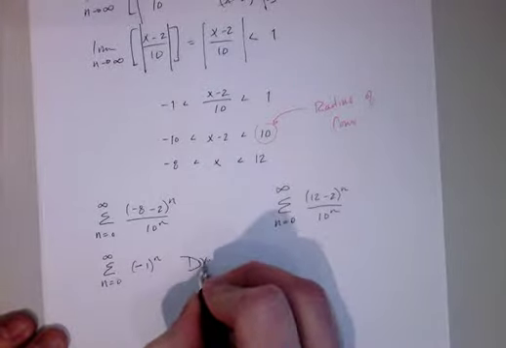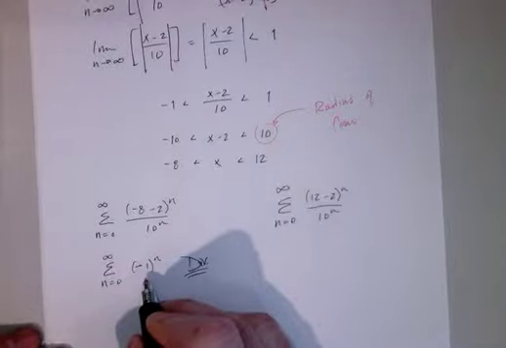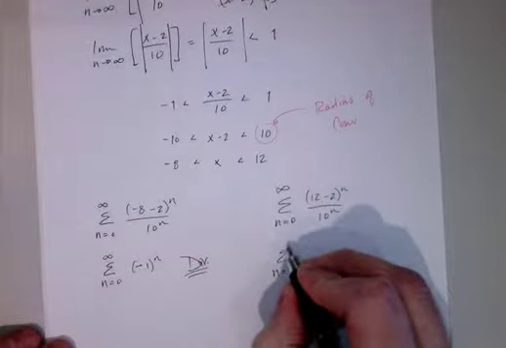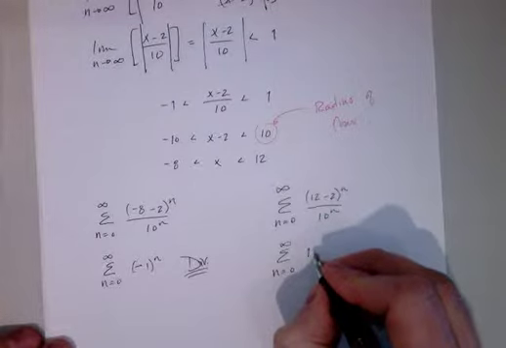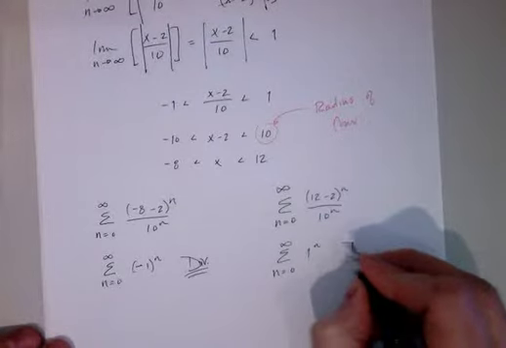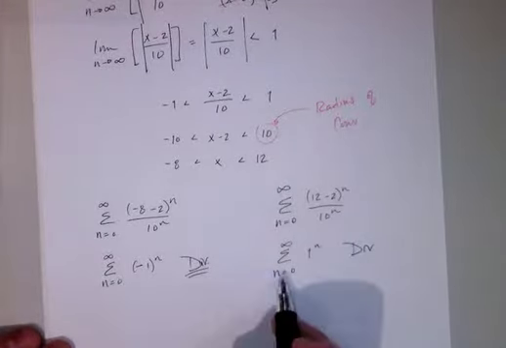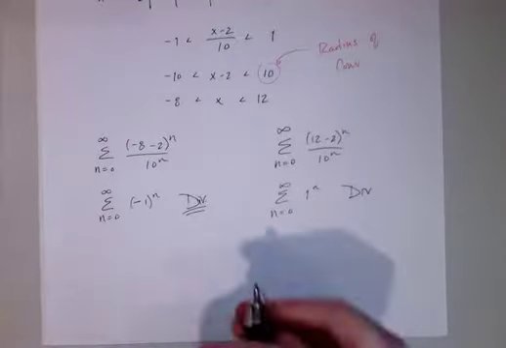That's divergent. It's an alternating series that just flip-flops back and forth between 1 and -1. The other one winds up being 10 to the n over 10 to the n, so just 1 to the n, and that diverges as well. So both of the endpoints diverge, and this did wind up being my interval of convergence.